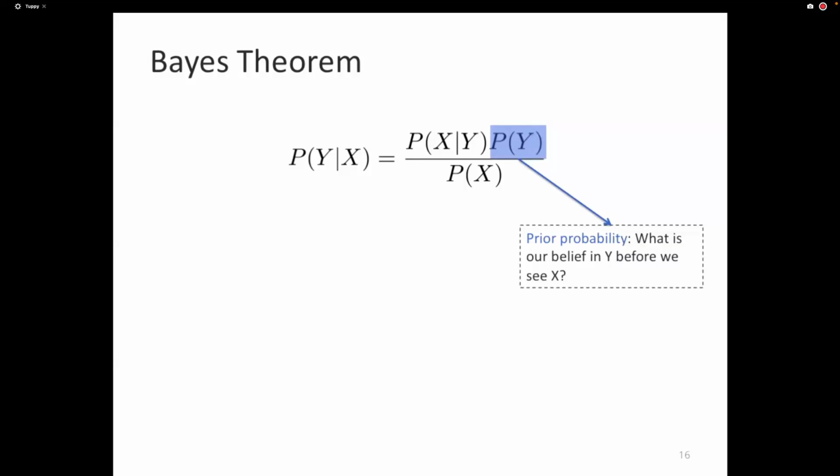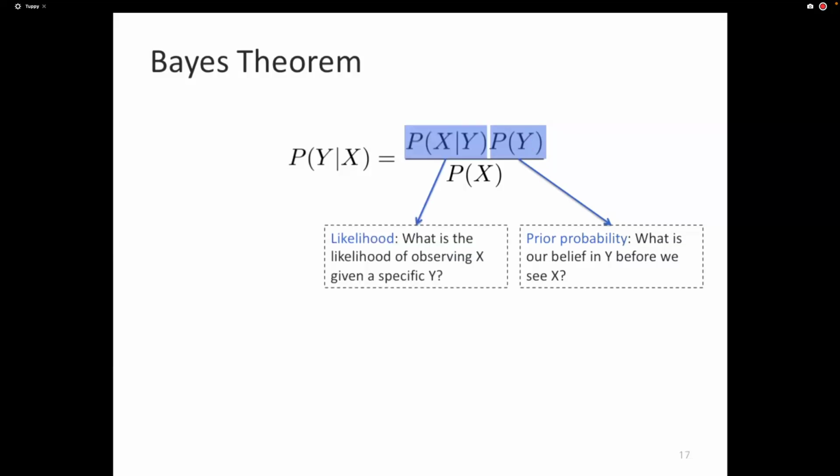It's just P of Y. This is just asking, what is our belief in that random variable before we observe anything, before we observe X in particular? So before any observations are made, what's our knowledge about the random variable Y?